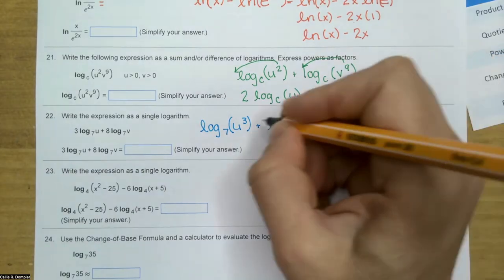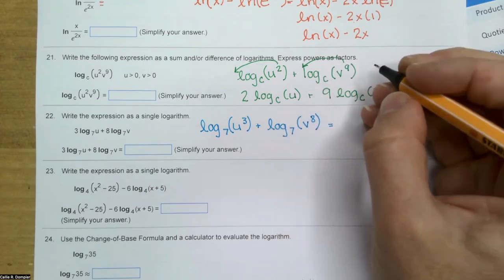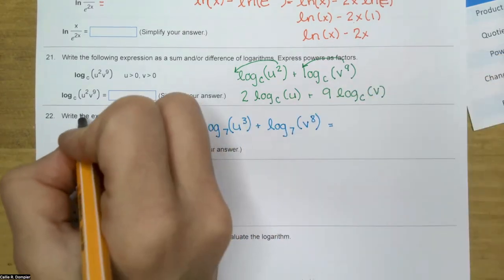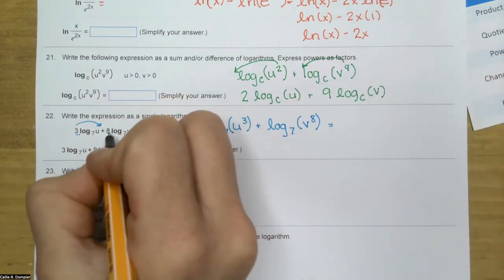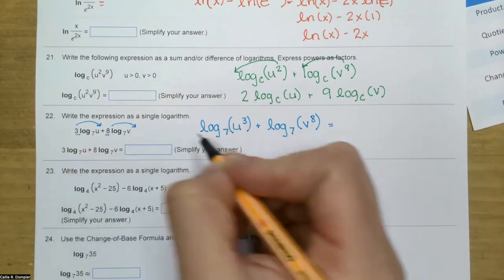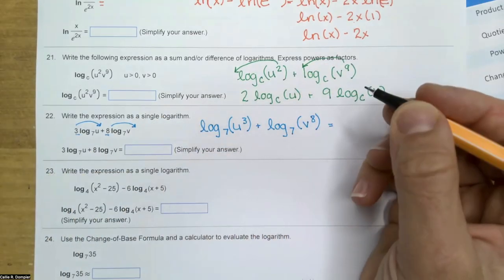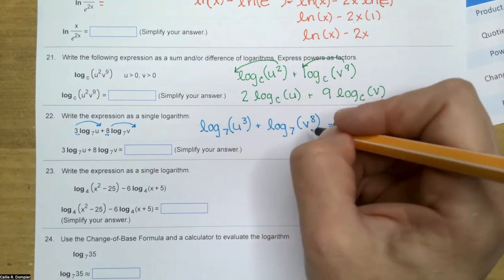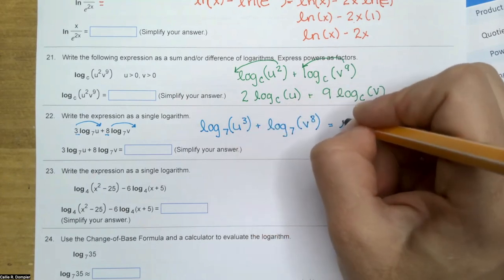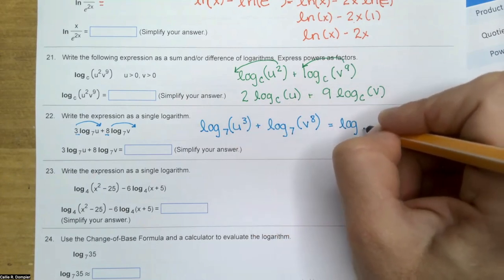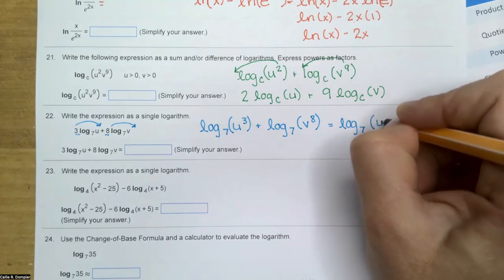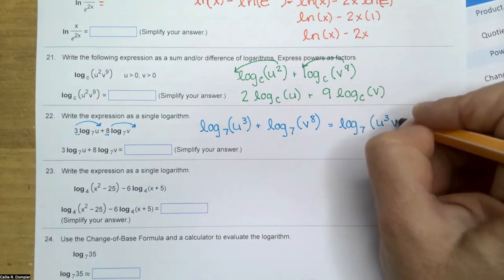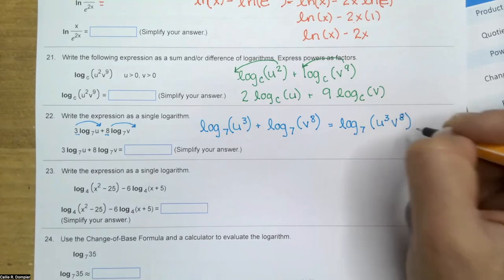First we took that 3 and made it into an exponent again, took that 8 and turned it into an exponent again. And then once you have that sum, you can turn it into a single term. So it's log base 7 of u to the 3rd times v to the 8th.